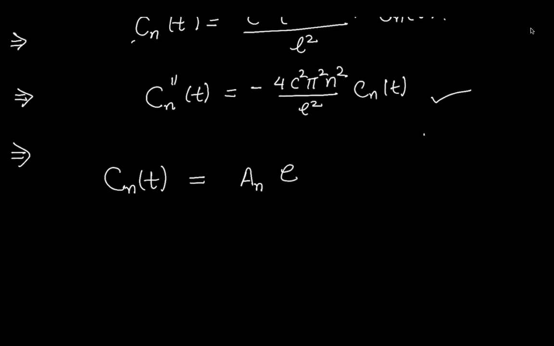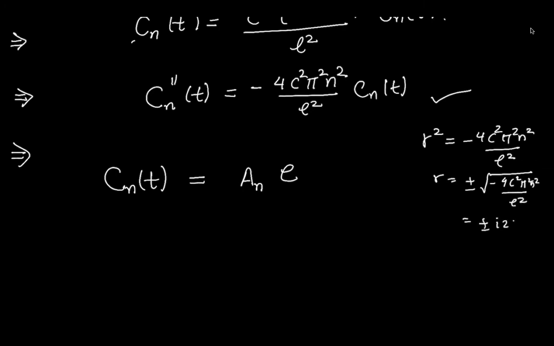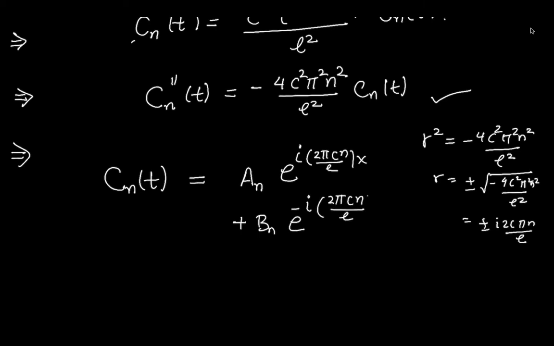So the auxiliary equation is going to be r squared is equal to minus 4 c squared pi squared n squared divided by L squared. Therefore, r is going to be plus minus the square root of this, which is plus minus i 2 c pi n divided by L. So you get A_n e raised to power i 2 pi c n t over L, and then the second root B_n e raised to power minus i 2 pi c n t over L.